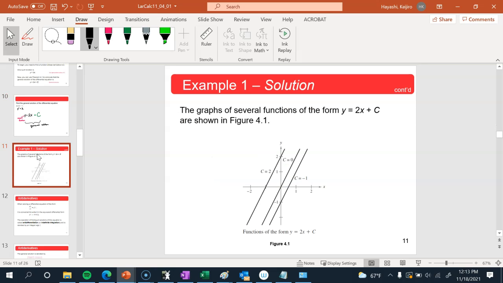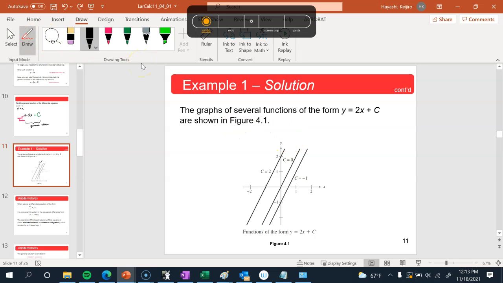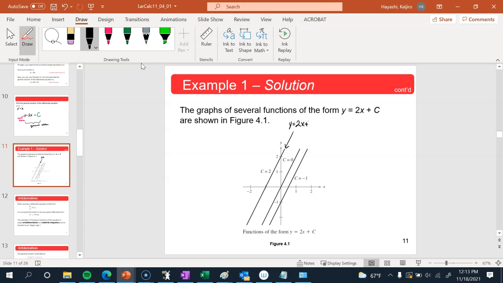Okay. Here's a graph of y equals 2x plus c, the answer to that differential equation for various values of c. In particular, over here we got y equals 2x plus 2.